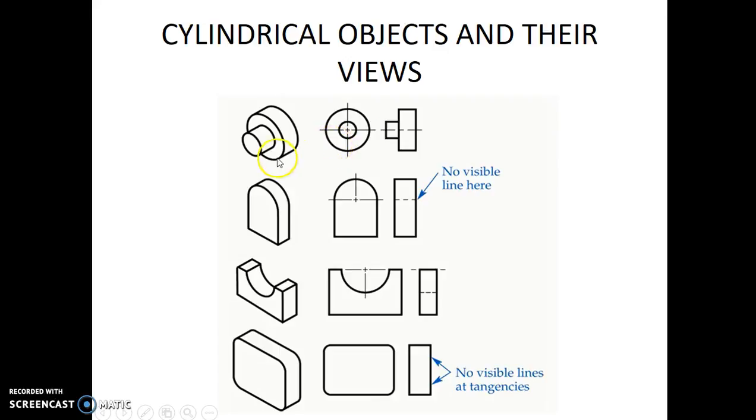So we see here a smaller circle corresponding to the smaller cylinder and a larger circle corresponding to the larger cylinder. When we see the object from the side or top parallel to the axis of the cylinder, we see that as a rectangular shaped view. So the larger cylinder is seen as a rectangle here, the smaller cylinder seen as another rectangle here.